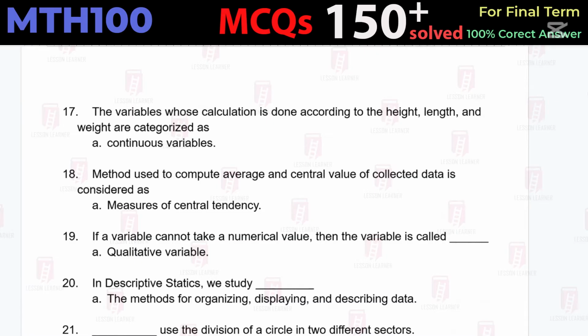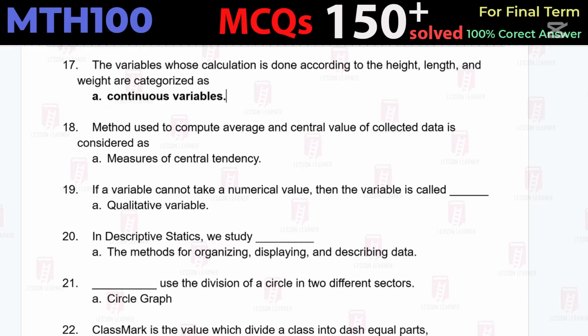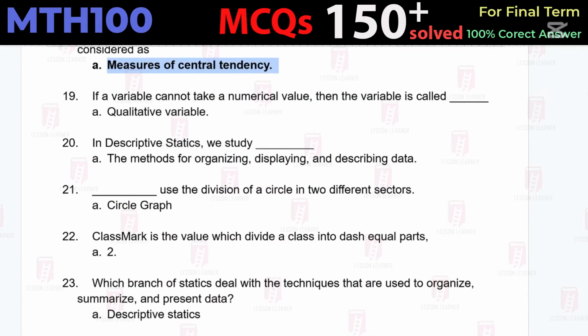The variables whose calculation is done according to height, length, and weight are categorized as continuous variable. The method used to compute the average and central value of collected data is considered as measures of central tendency.